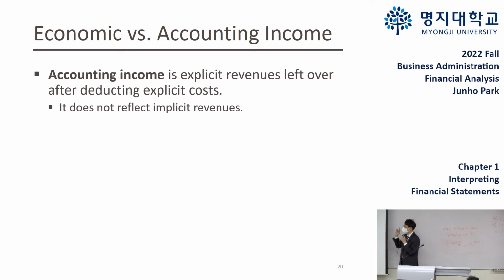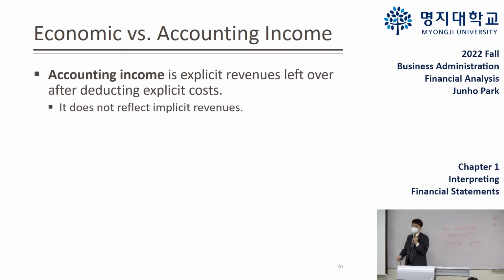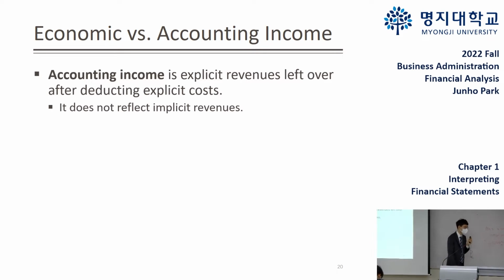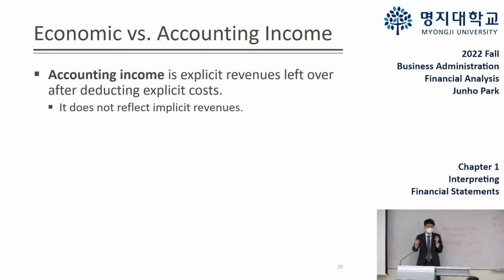First, it does not reflect implicit revenues. Let's say you are running a company and you have a right to use a character, for example, Mickey Mouse from Disney, and you were able to use the Mickey Mouse character for your product.